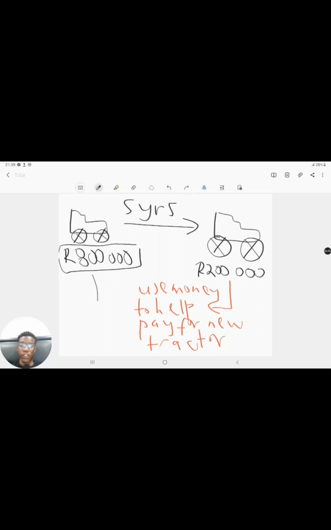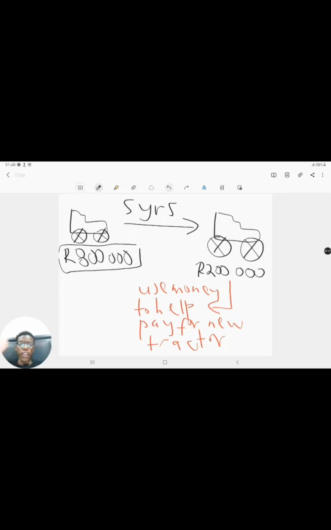Why? Because in 5 years' time, just like the price of bread, 800,000 rands will not be worth the same value anymore, right? 800,000 rands 5 years from now will be worth less than what 800,000 rands is worth today.